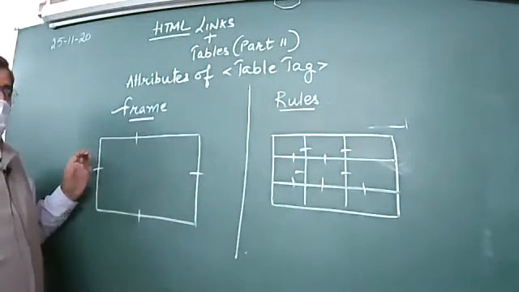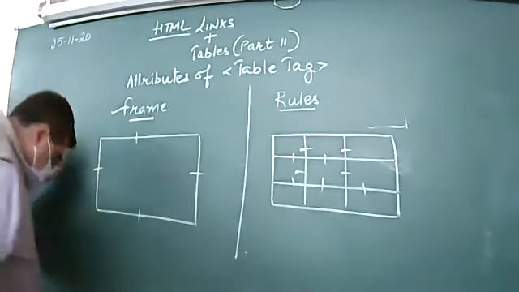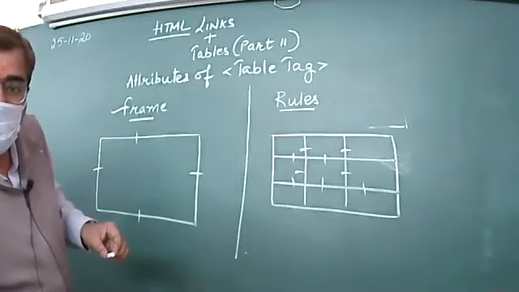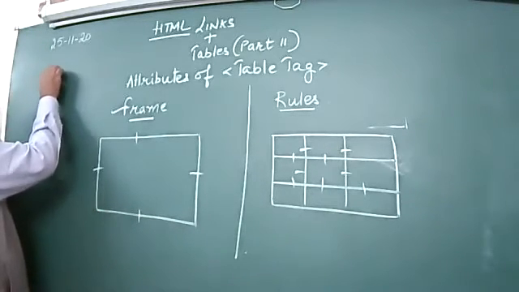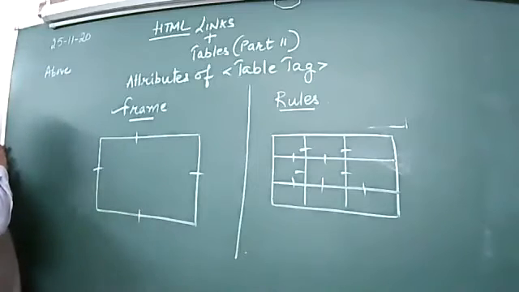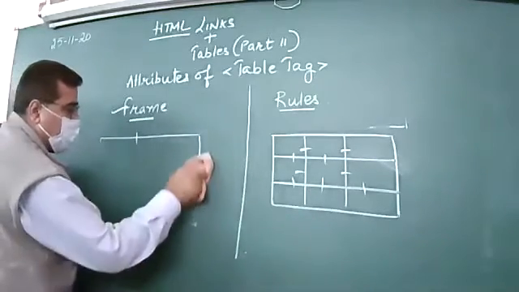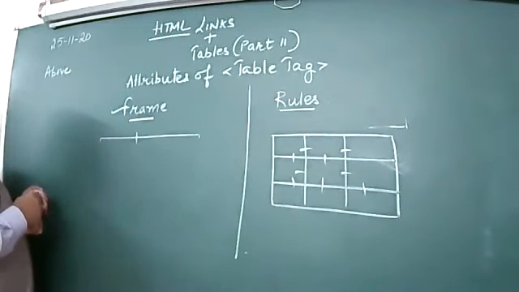Right? Now, what are the possible values of frame attribute? The possible values of frame attribute are above. Above means border on the top side, right?